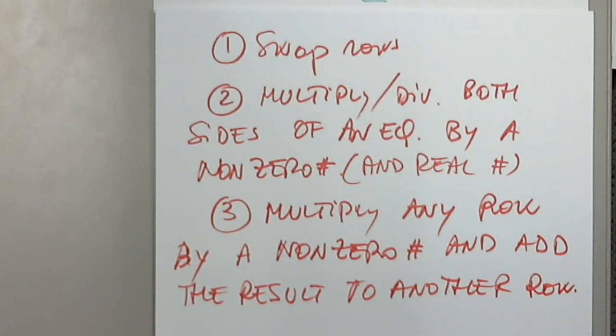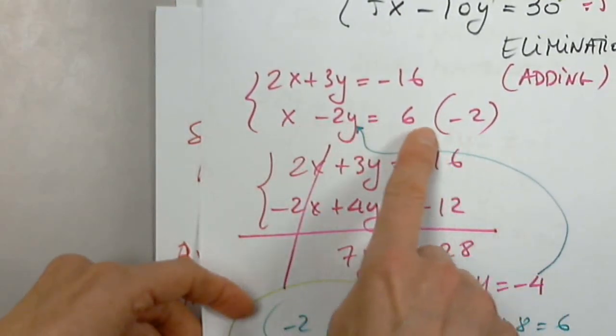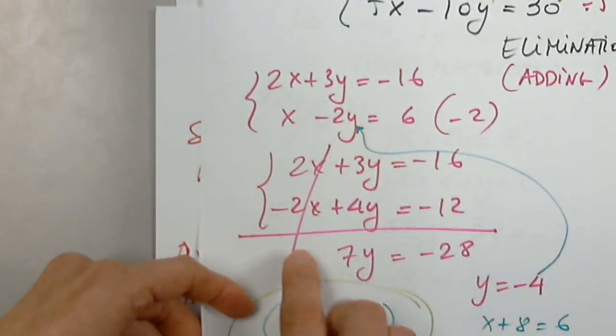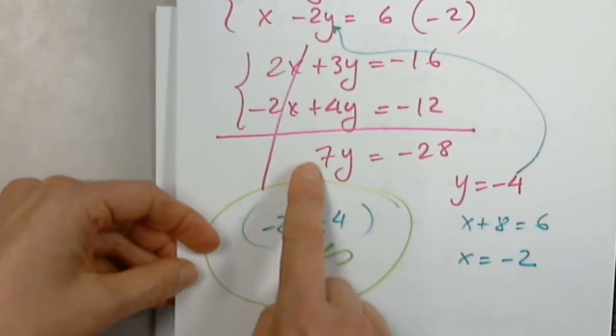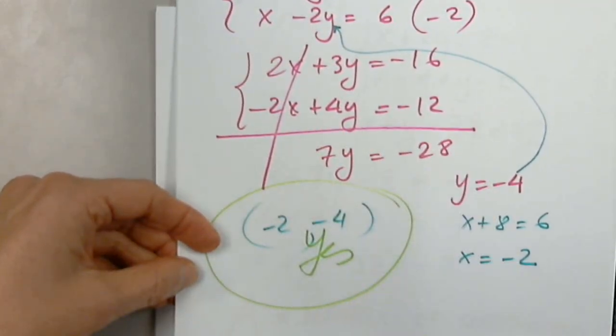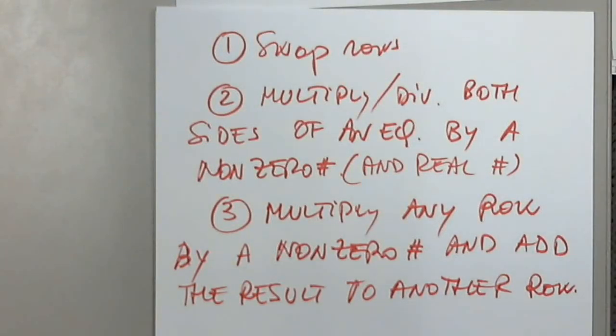Multiply any row by a non-zero number and add the result to another row. Or divide, of course. You can say, where does this come from? Here's where it's coming from. We multiplied this row by -2, and then we eventually added it to the first equation to get this. That's where it's coming from. So on Thursday, we're going to finish this problem.